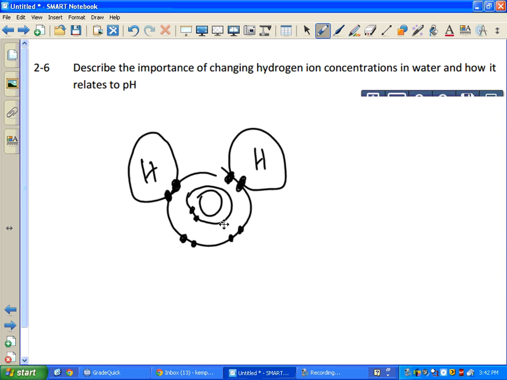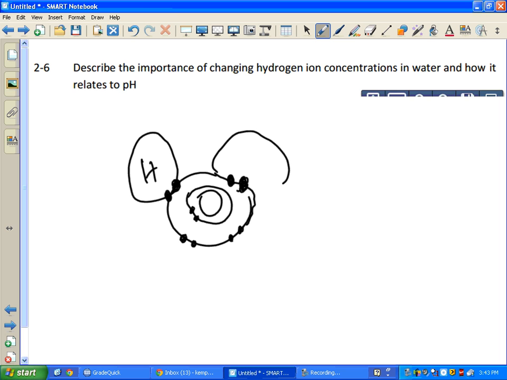So occasionally, what happens is this hydrogen right here, it's not going to let me do it. Let's try again. Okay, so we have these two electrons. They're being held more by oxygen than they are held by hydrogen.